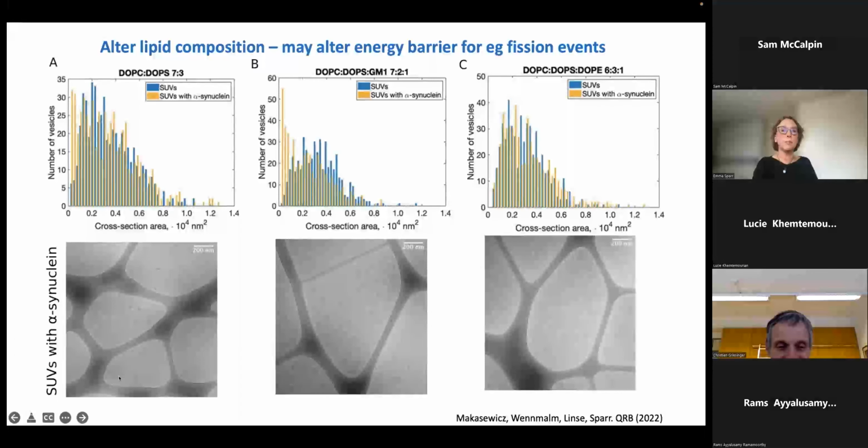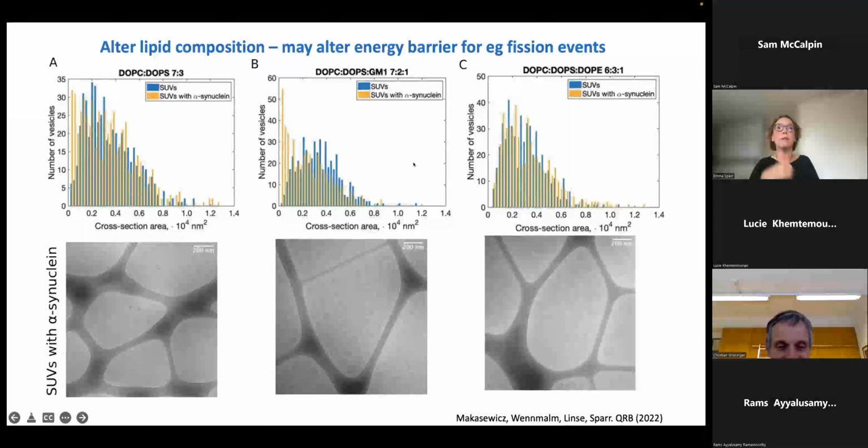Then we change the lipid composition, and we look at the distribution of vesicle size, because if we had fusion or fission phenomena here, one could expect, of course, that the size distribution would change. Now, instead of changing the way the protein binds, we change the lipid composition. Here we have lipid with the same system to the left as we had in all other examples.